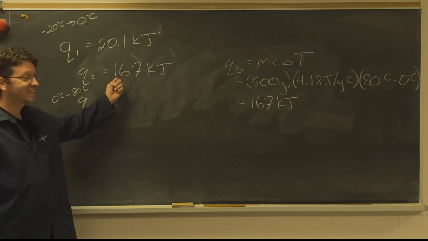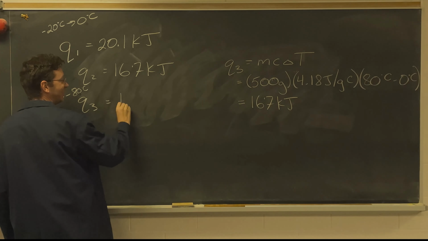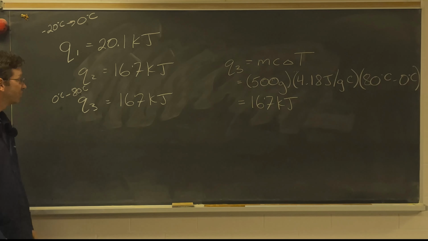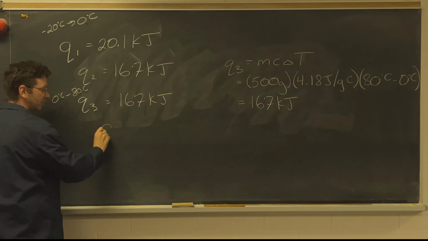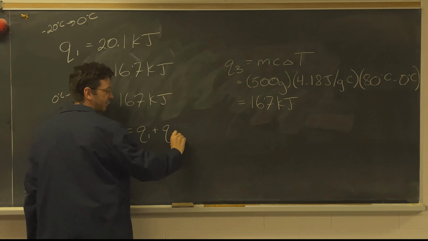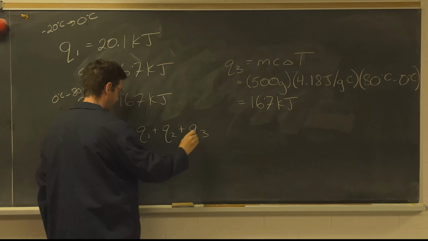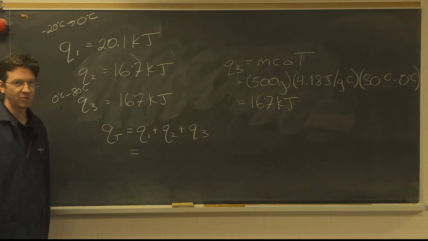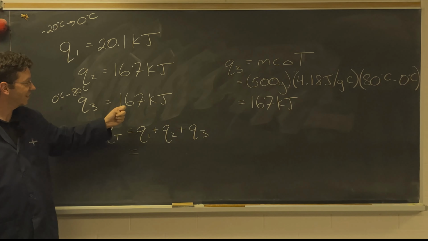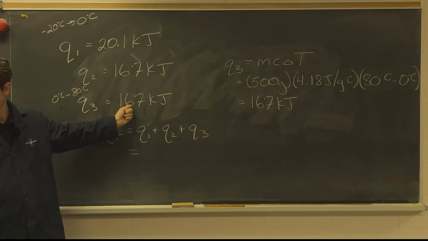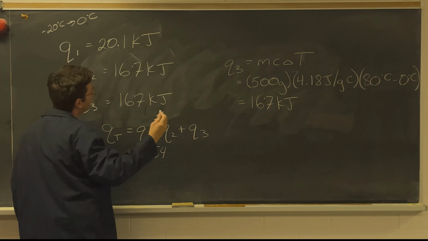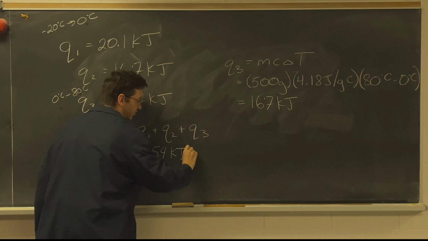That's just a coincidence that it was the same as Q2. So 167 kilojoules. So to find the total energy, Q total, we're just going to take Q1, add Q2, and add Q3. When we do that, we take 20.1 plus 167 plus 167, and we get 354.1 kilojoules.